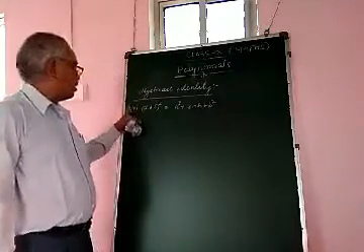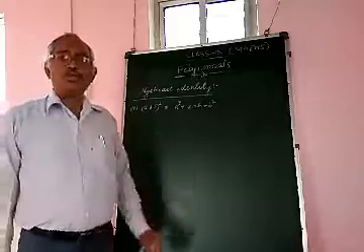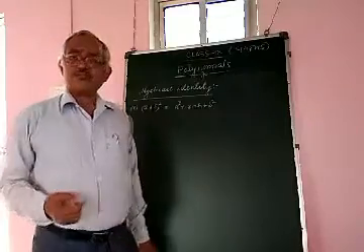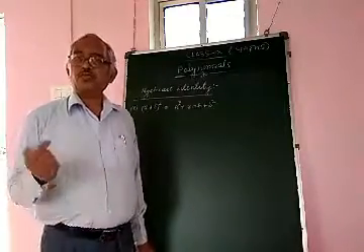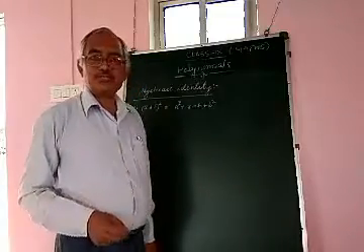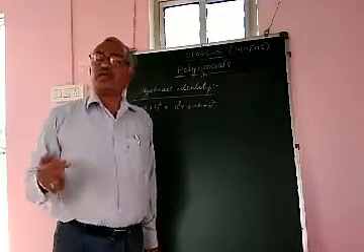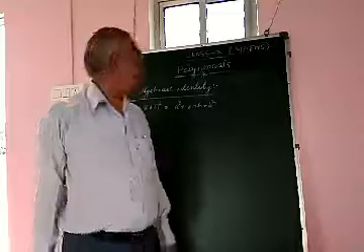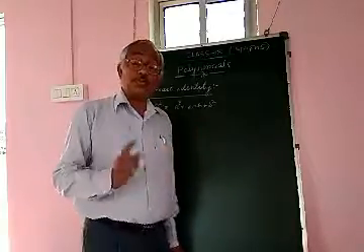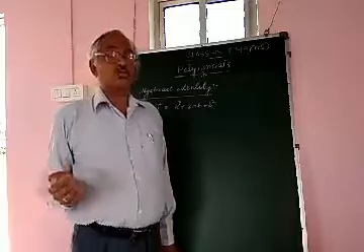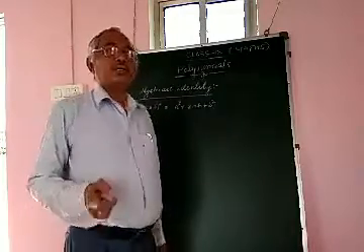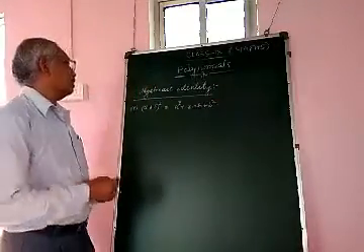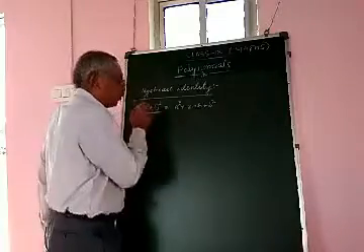All these identities are very important for the expansion of algebraic expressions, for the factorization of algebraic expressions, to find the value, or to find the product of two numbers by using these identities. So everyone should remember them.